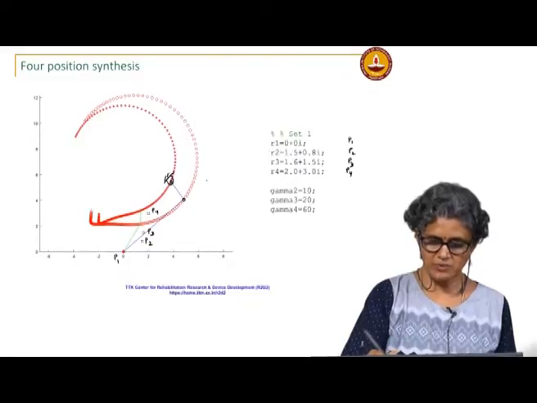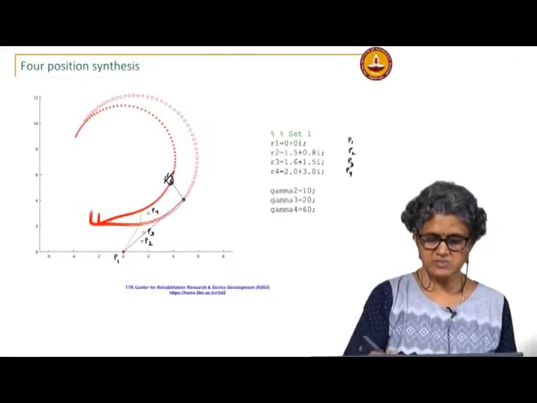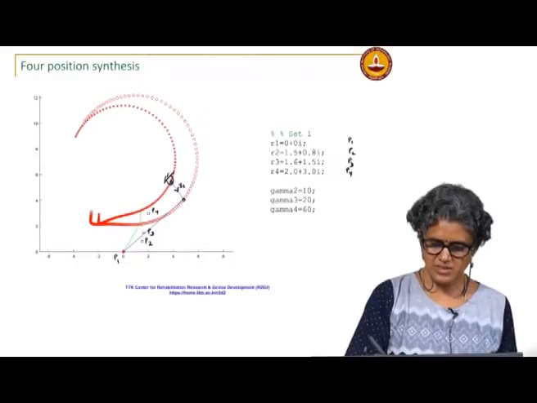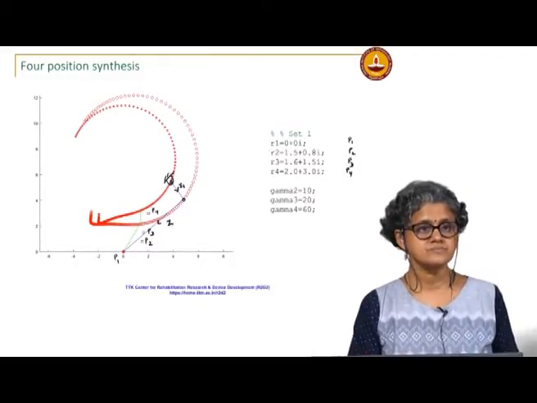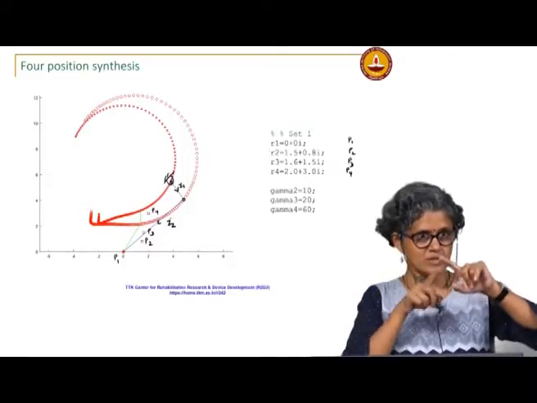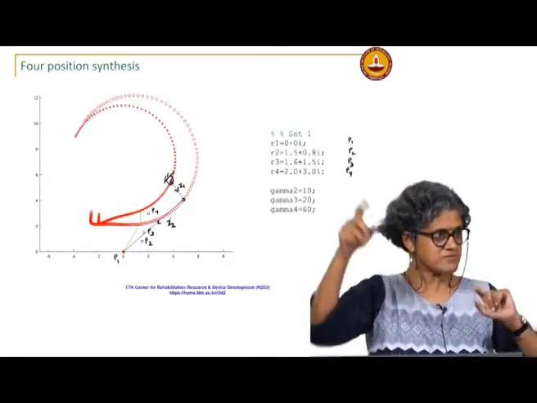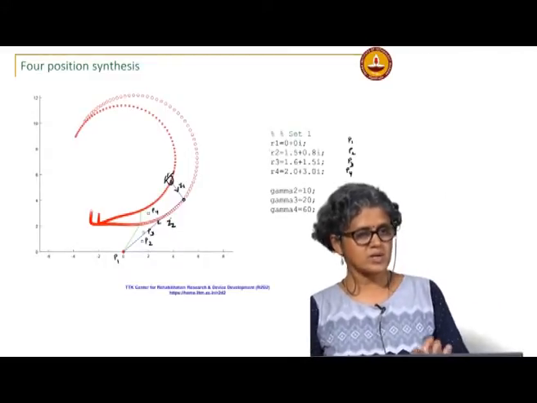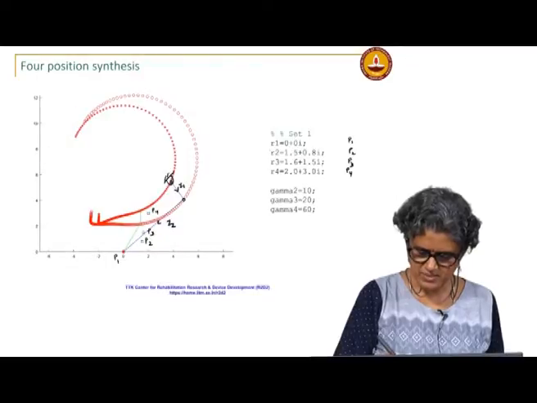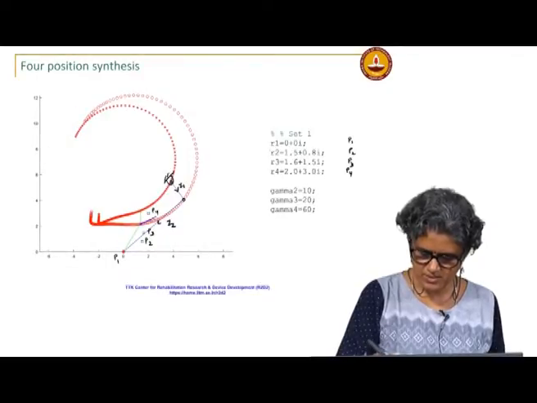So, I can pick one diode, then this becomes my Z1, this becomes my Z2. Remember, your diodes go from the fixed pivot to the coupler point. So, what is my coupler here? This link is my coupler link.